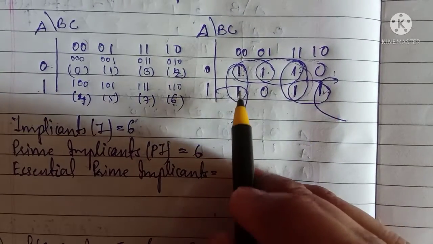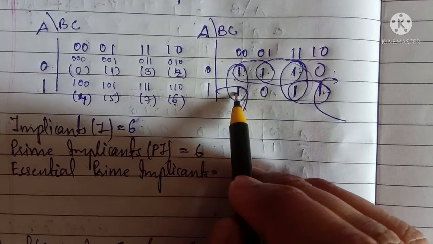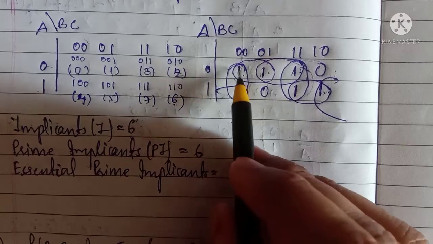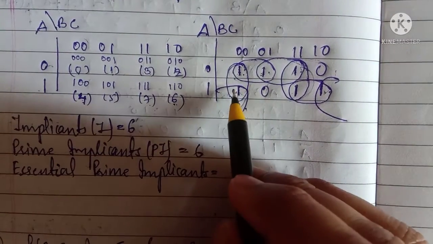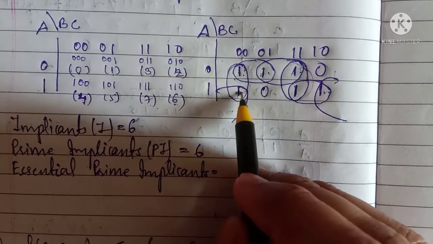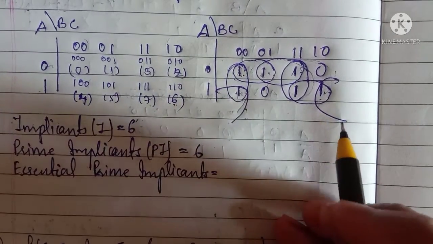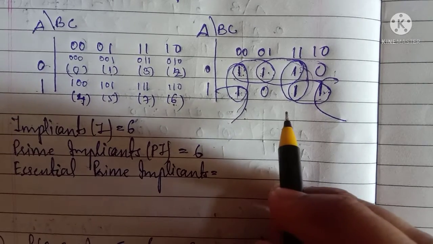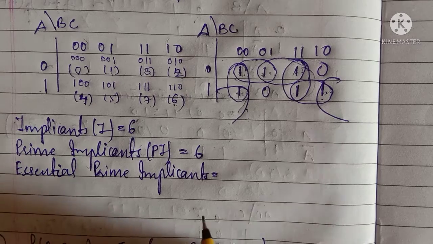So none of them is alone. This is not essential because it is also forming a group with this and with this. If I break this group and this group, then this one will have a group with this and this will have a group with this one. So this is not an essential. Essential means which is compulsorily required.